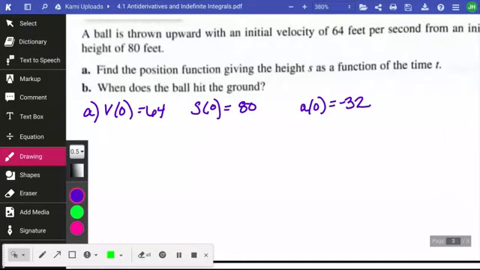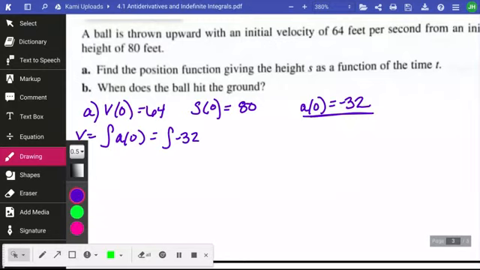Let's antiderive that. So if I do the antiderivative of A, then I will be able to find my velocity function. So V is equal to the antiderivative of negative 32.